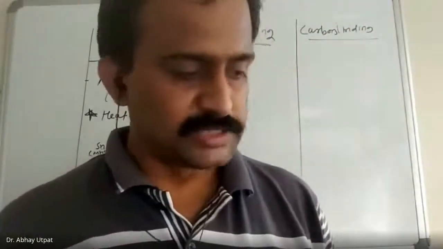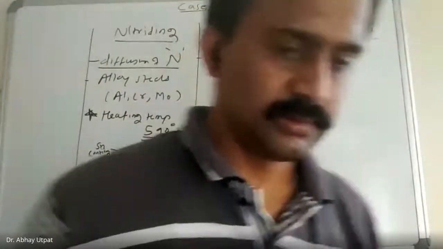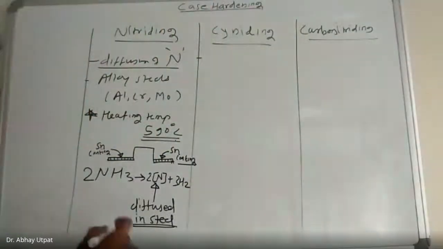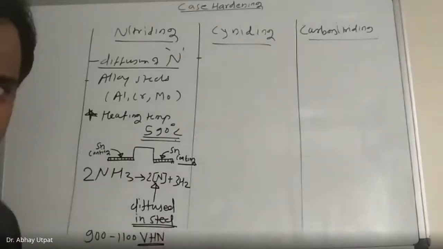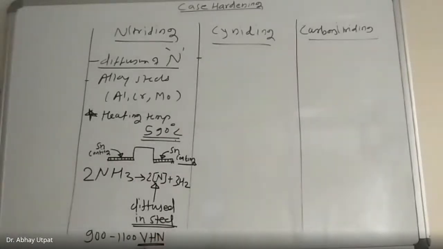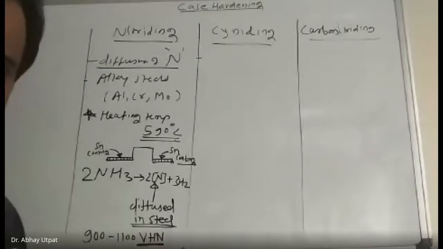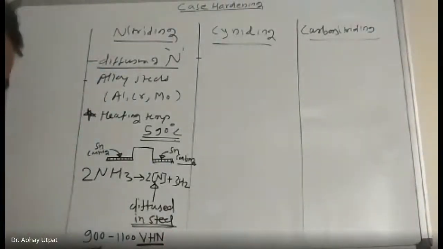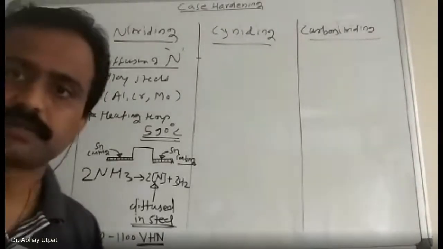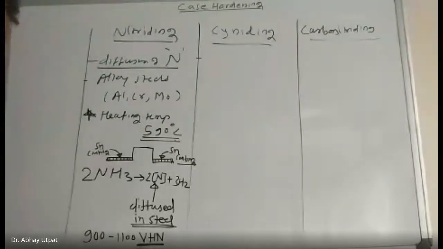Hardness varies from 900 to 1100 VHN, Vickers hardness number. This is the long form. In the last chapter, you will understand this. Next line.